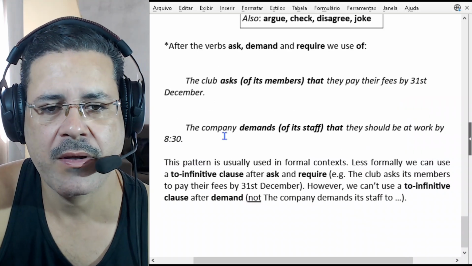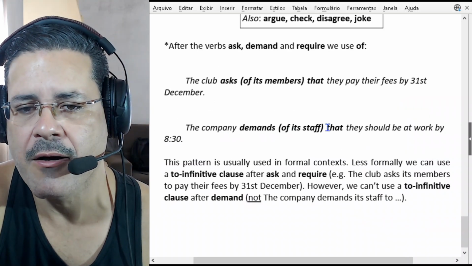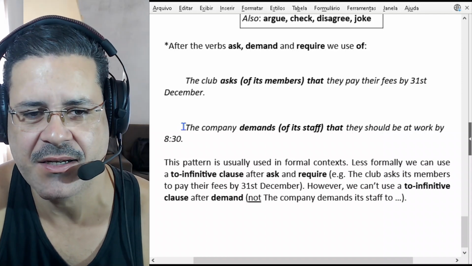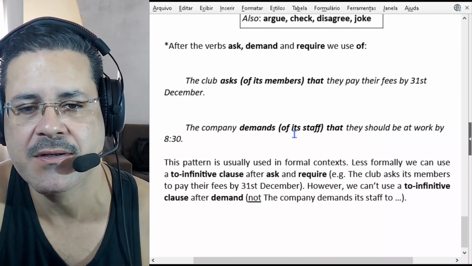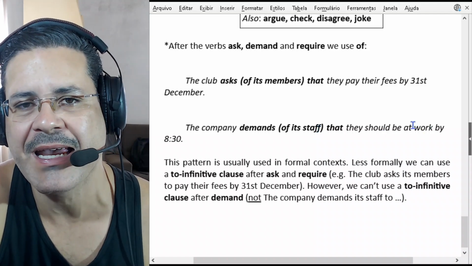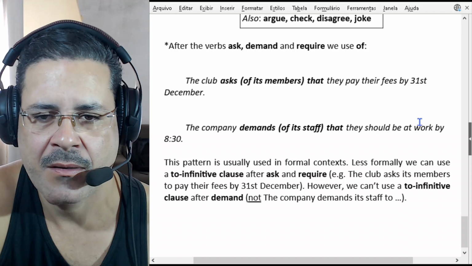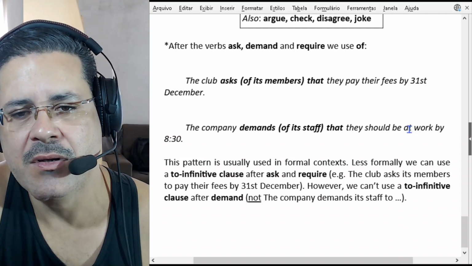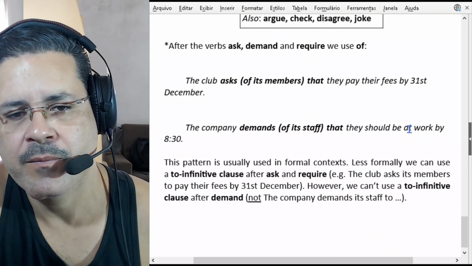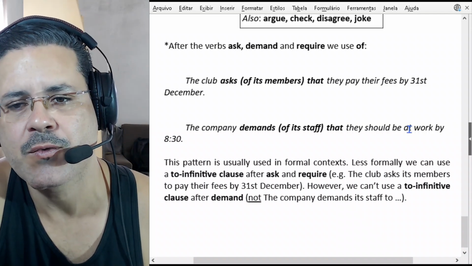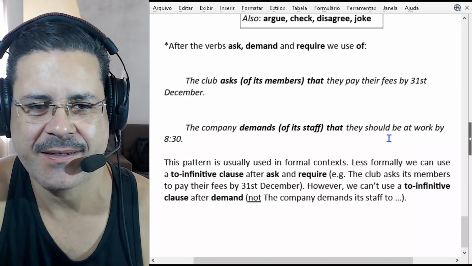Another example, the company demands of its staff that they should be at work by 8:30. Asked about the time staff should be at the company, she was like, the company demands of its staff that they should be at work by 8:30.